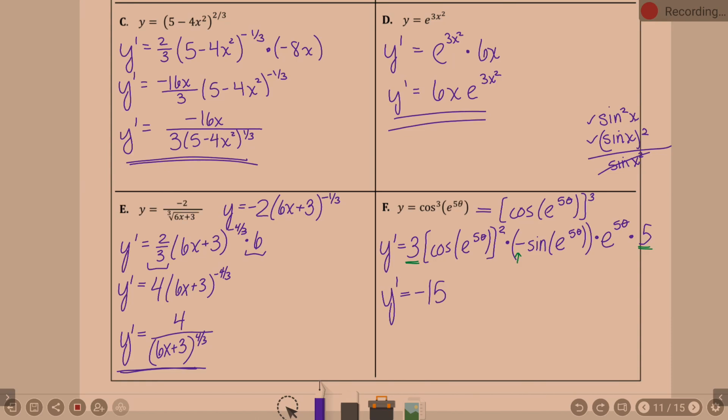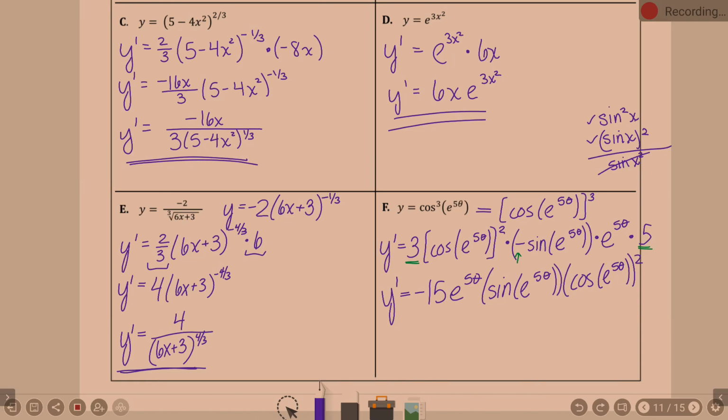I might go ahead and put e to the 5 theta out front. And then the other two, I don't think it really matters. I have times sine of e to the 5 theta, and then times cosine of e to the 5 theta quantity squared.